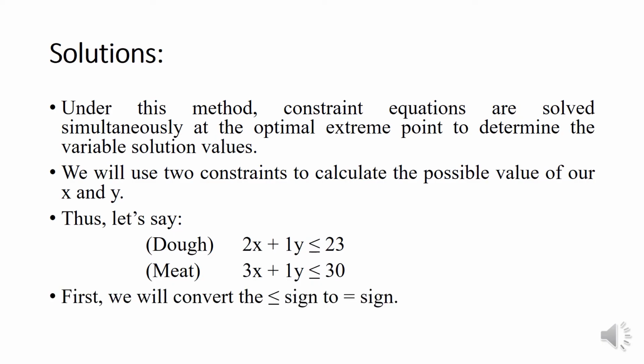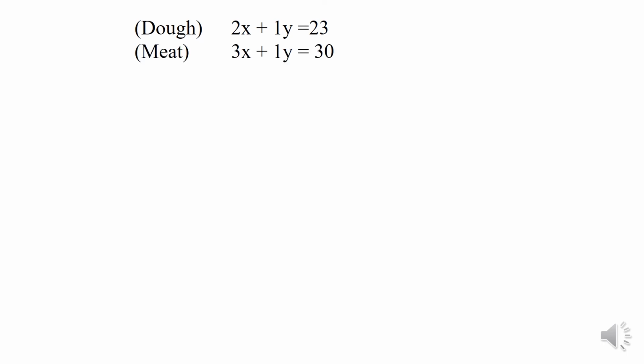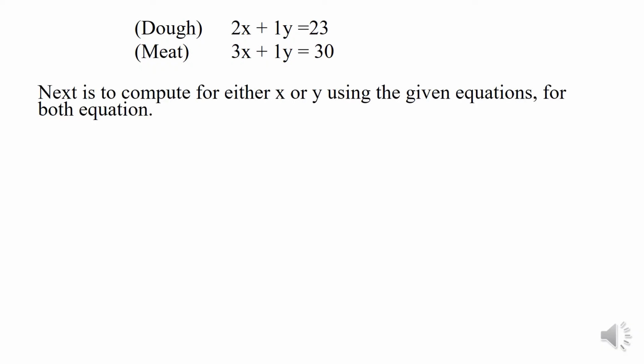First, we will convert the less than or equal sign to an equal sign. We will convert the inequality sign to an equality sign. Then we would have 2x plus 1y equals 23 and 3x plus 1y equals 30. After converting the two equations, next is to compute for either x or y.